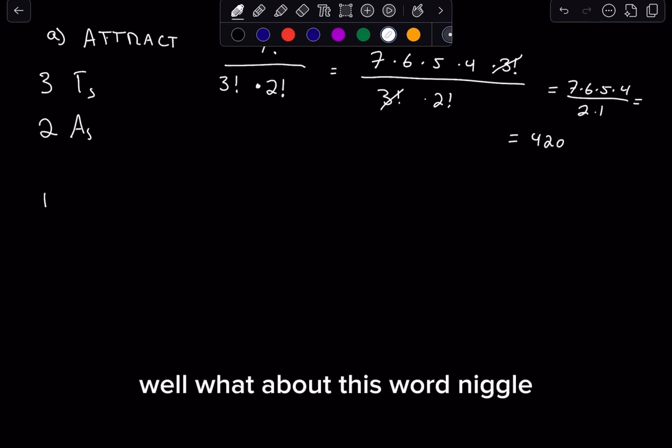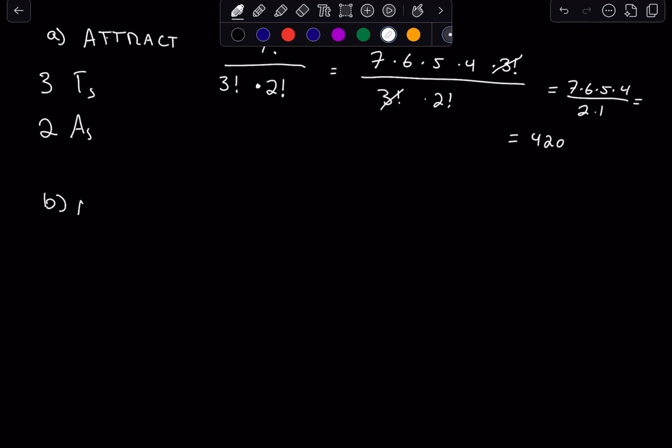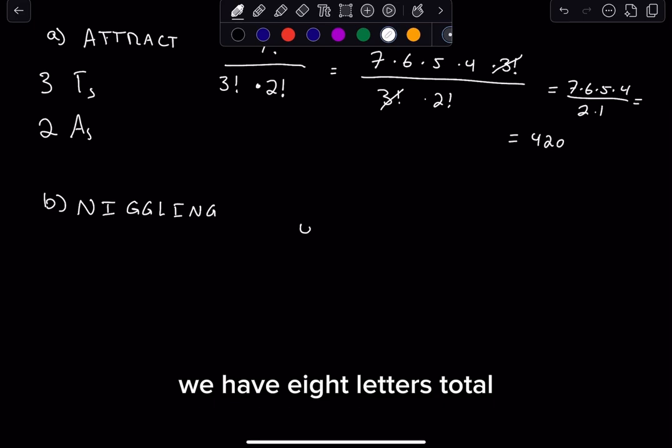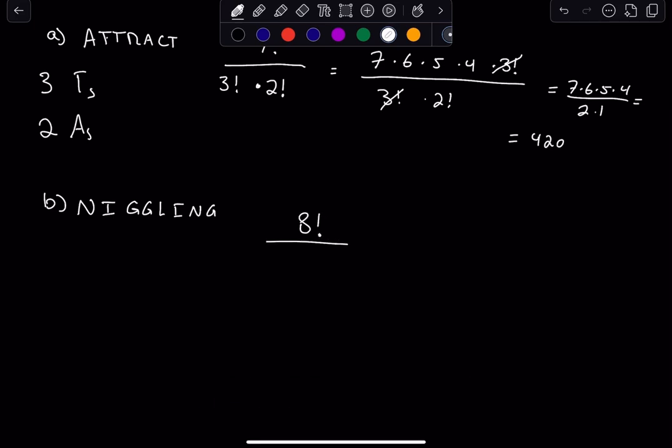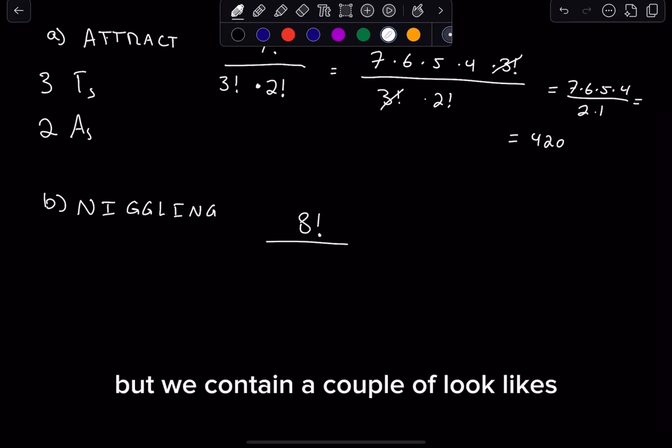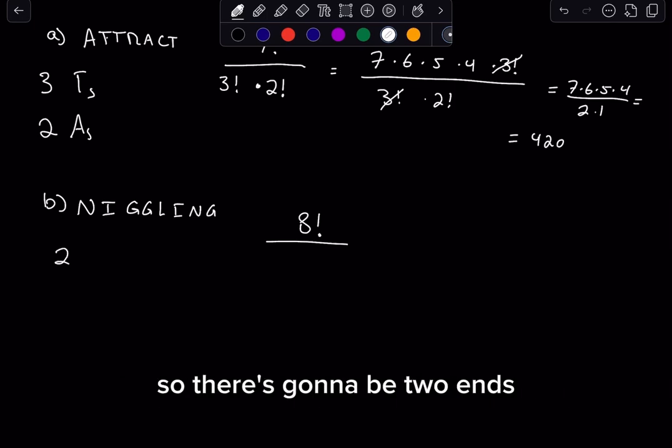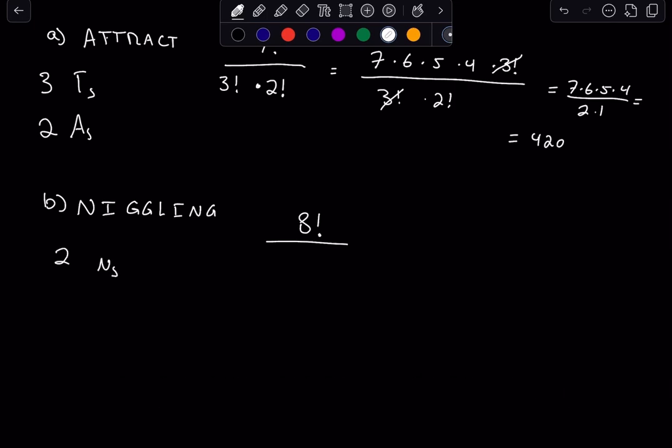Well, what about this word, niggling? We have 8 letters total, but we contain a couple of lookalikes. So there's going to be 2 N's, 2 I's, 3 G's.